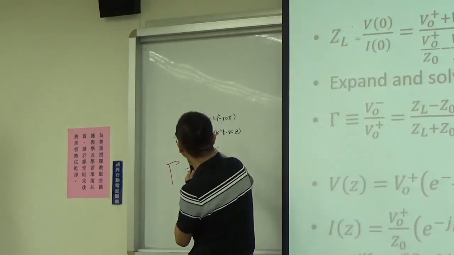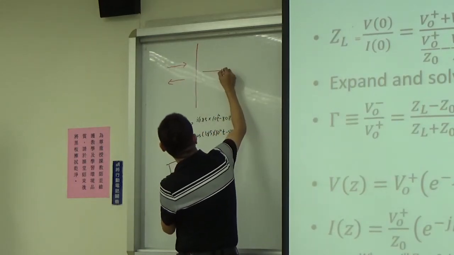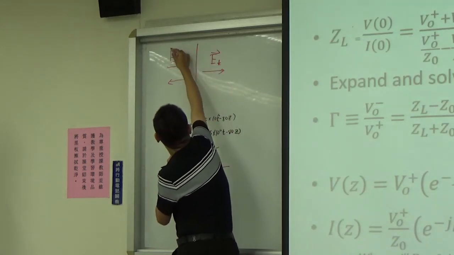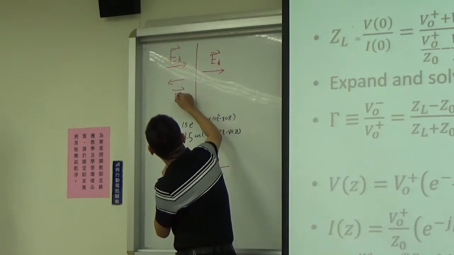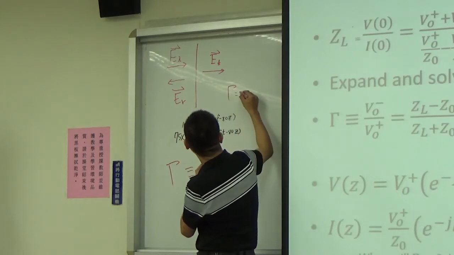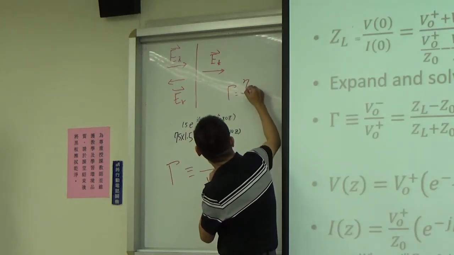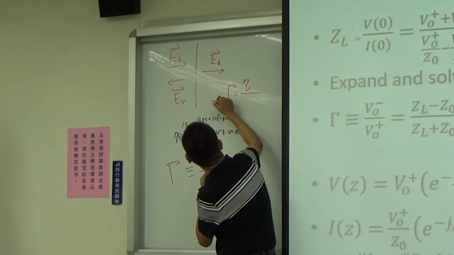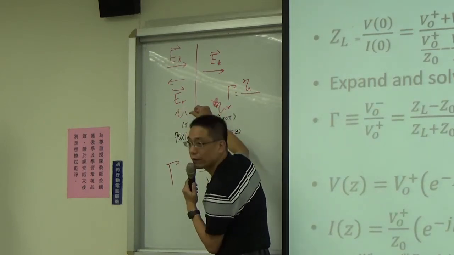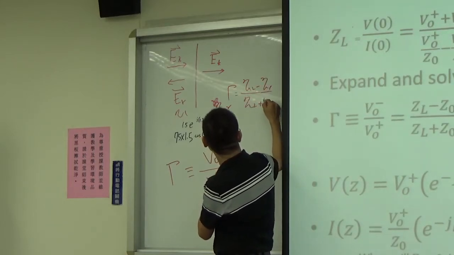This is the same result as when we treated the wave. Remember, right? You have gamma equals eta 2 minus eta 1 over eta 2 plus eta 1, where this is eta 2 and this is eta 1.